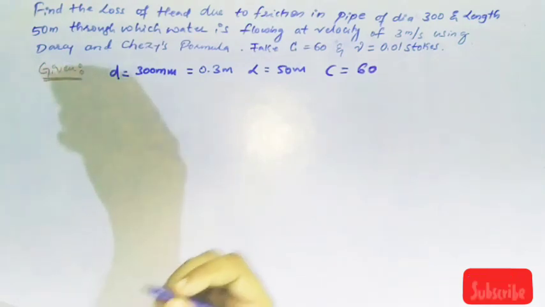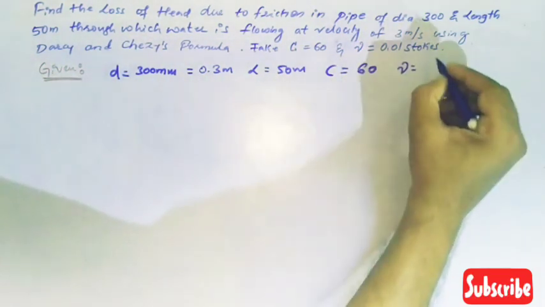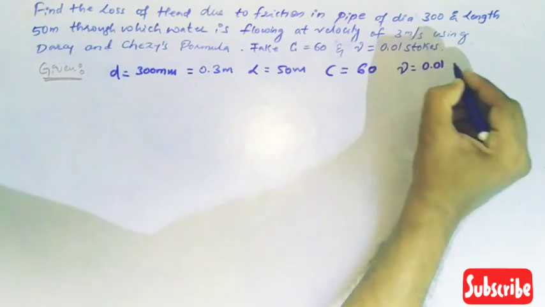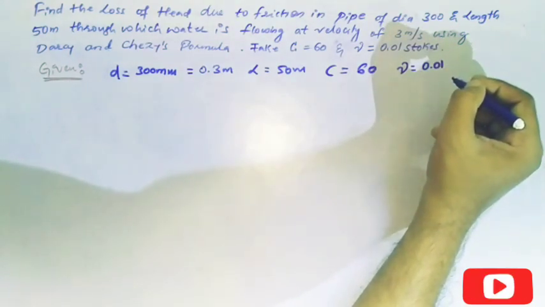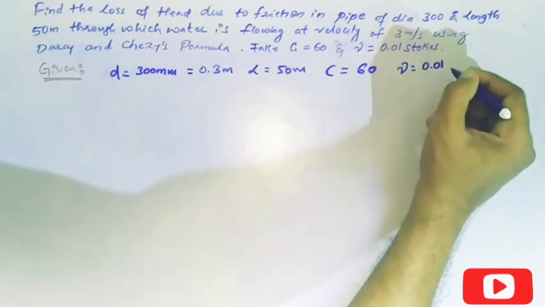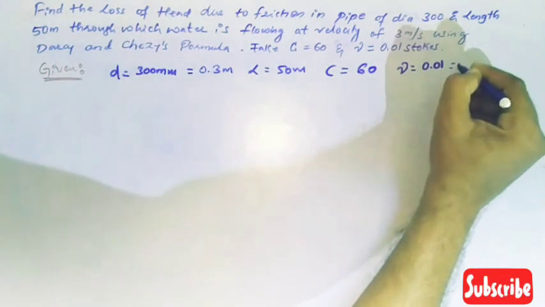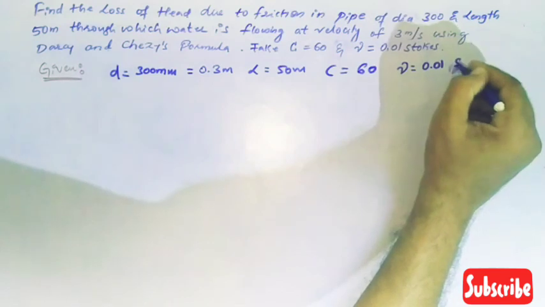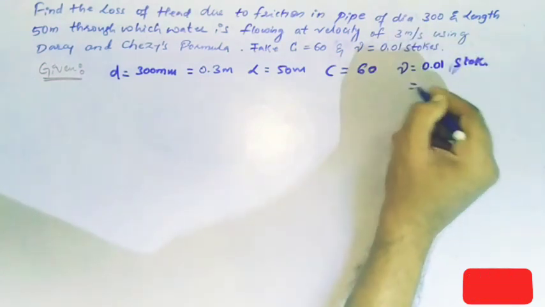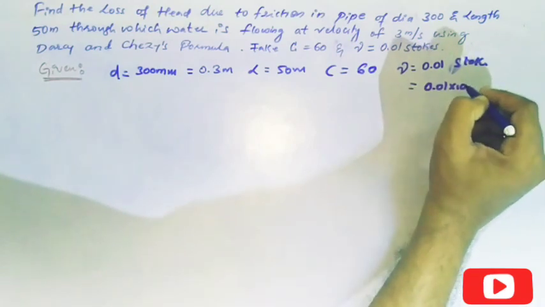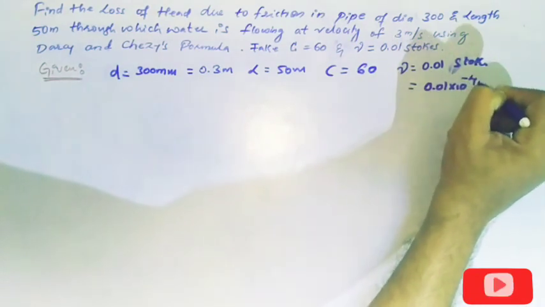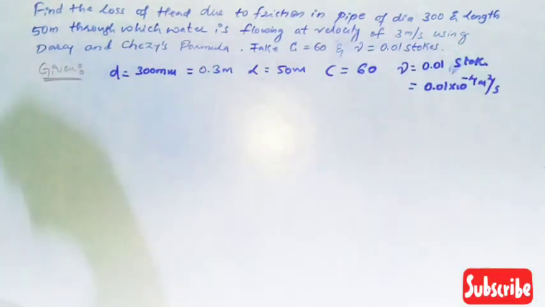Next the kinematic viscosity is given, mu, that is 0.01 Stokes. If I convert that into meter square per second, then it will be 0.01 into 10 raised to minus 4 meter square per second.